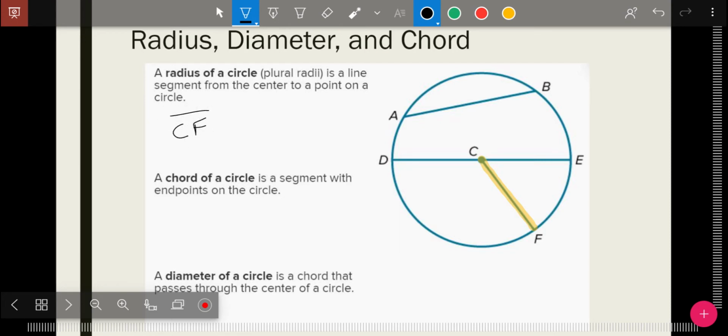However, CE is also a radius right here. And CD is also a radius right there. So any line that goes out from the center to the edge is a radius.